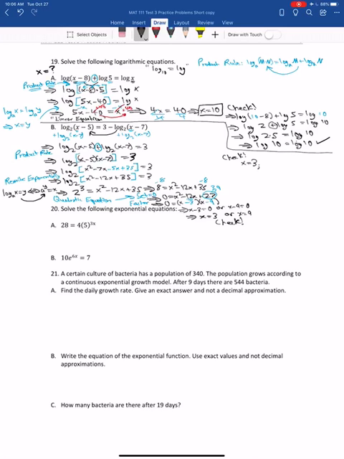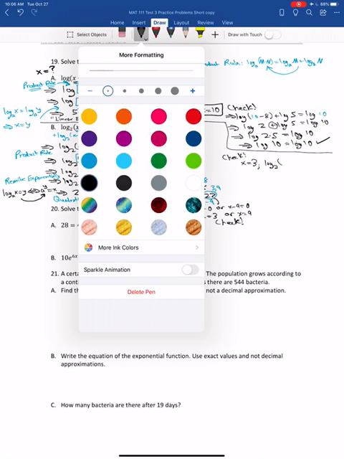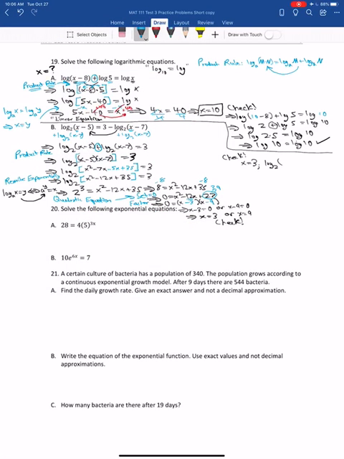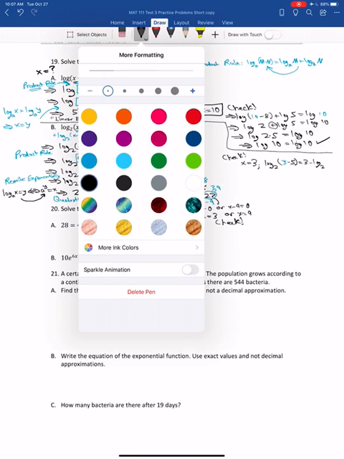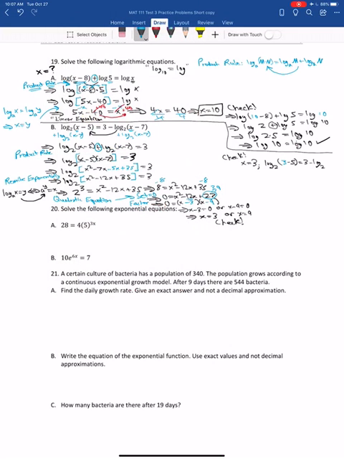As we go back to the original, that would be log base 2 of x minus 5. I'm going to take out x and plug in my 3. That'll be 3 minus 5, equal to 3 minus log base 2 of x minus 7. So that would be log base 2 of 3 minus 7.